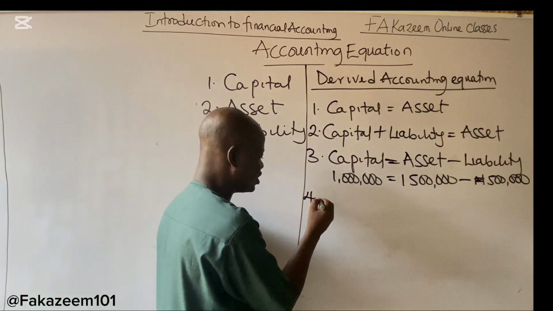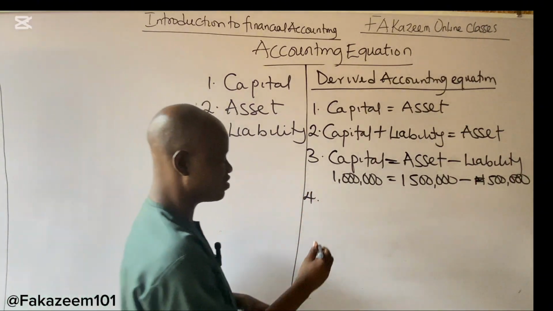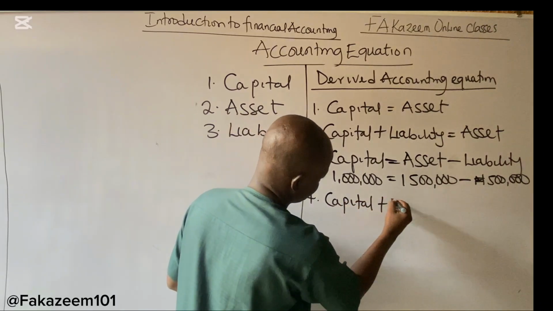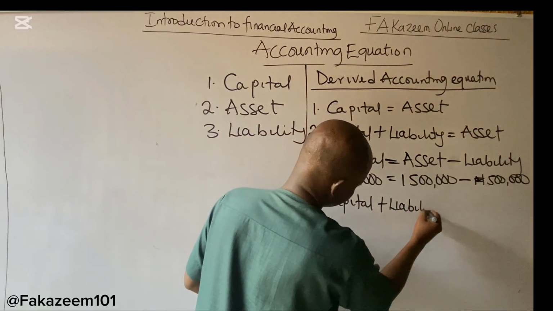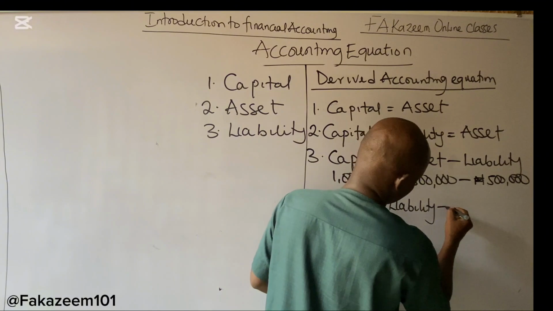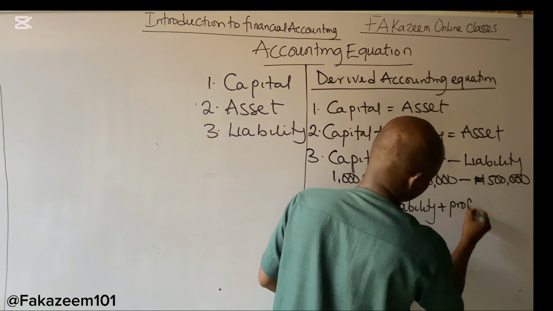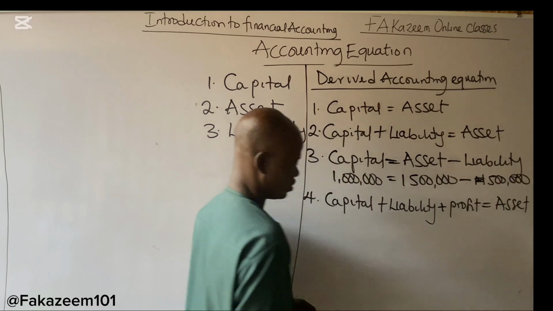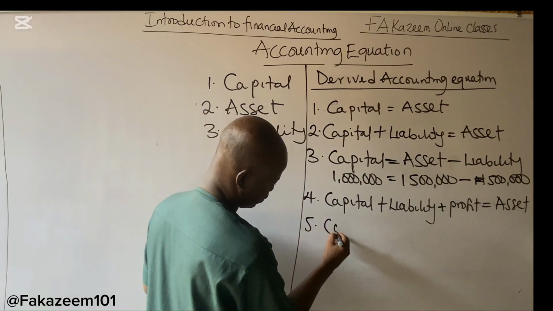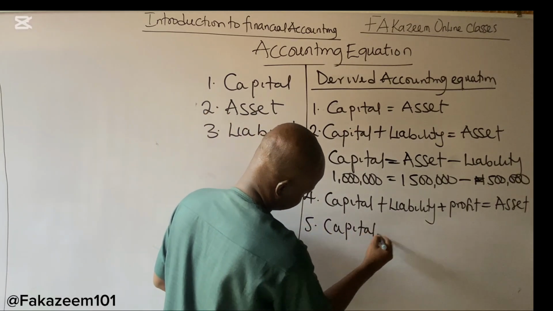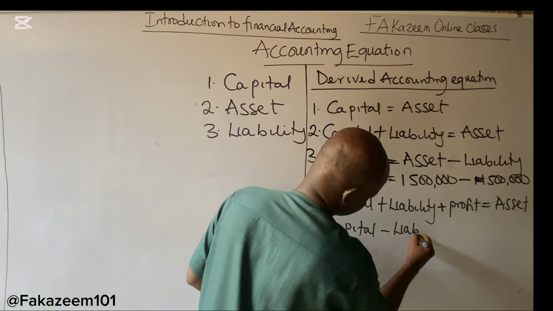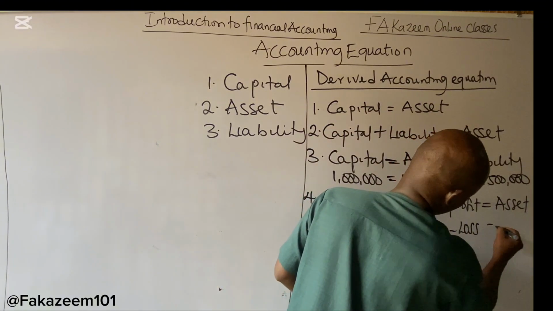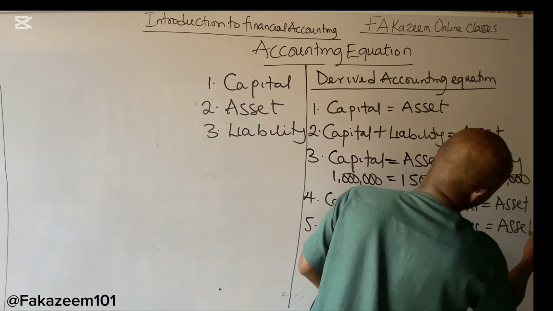Now, the fourth equation is telling us the complete financial statement: capital plus liability plus profit equals our asset. And the last equation is capital minus liability minus loss equals asset.